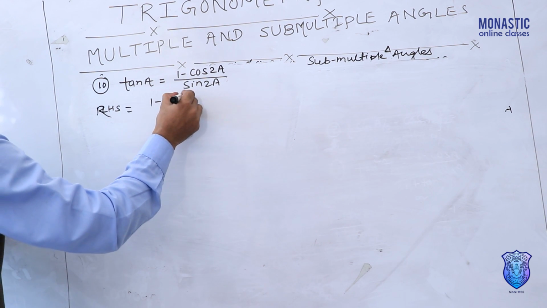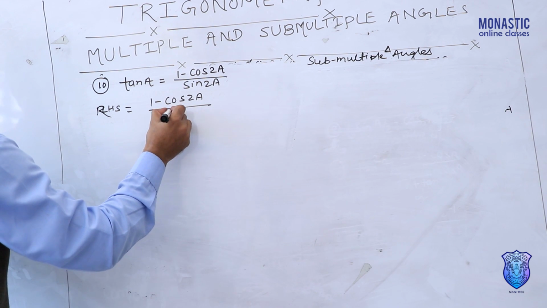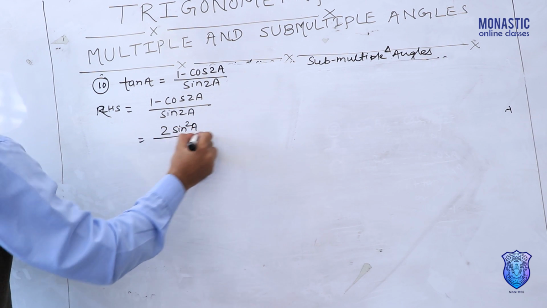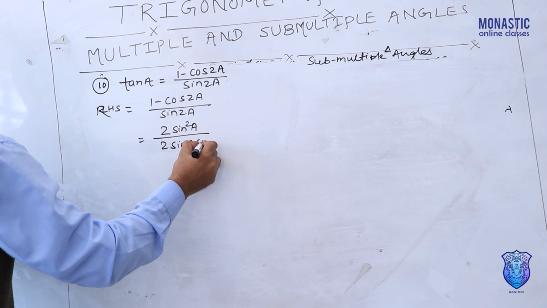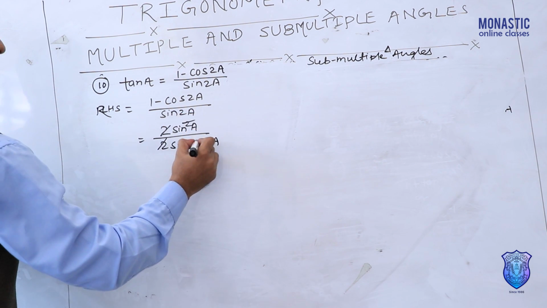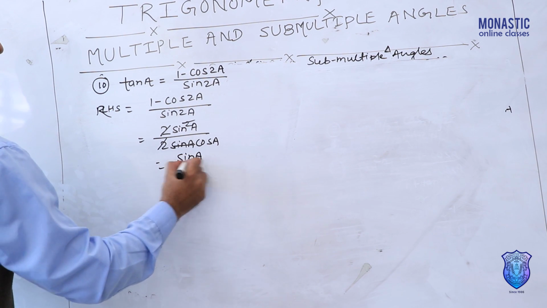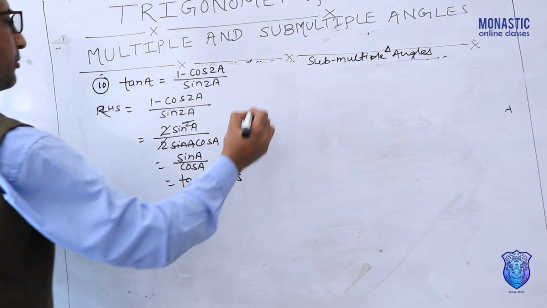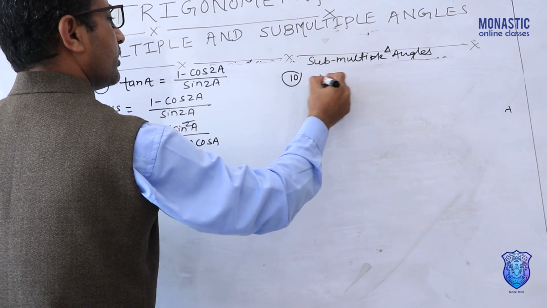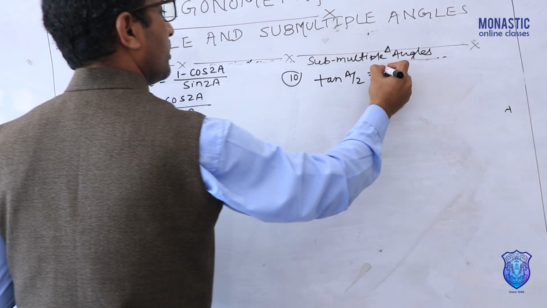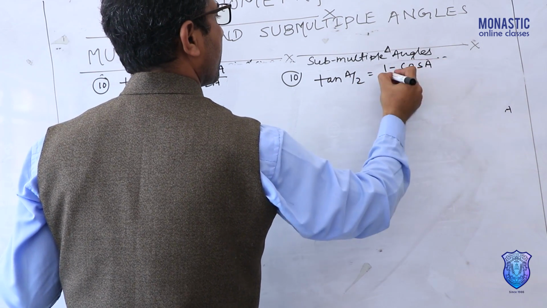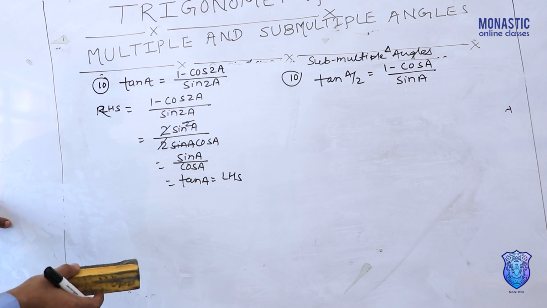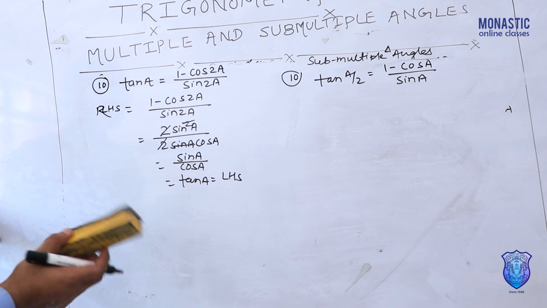Take the RHS, 1 minus cos 2A by sine 2A, and put the values: 1 minus cos 2A is 2 sine square A, sine 2A is 2 sine A cos A. Do the simplification, these two cancel, it becomes sine A by cos A, that is tan A. In the same way, the submultiple will be tan of A by 2 equals 1 minus cos A by sine A. These are the formulas related to 2A and A by 2.